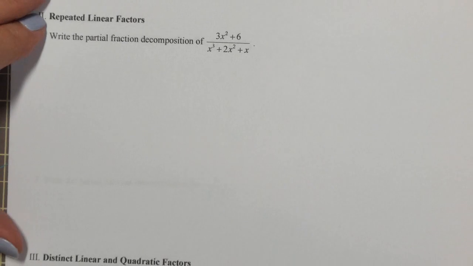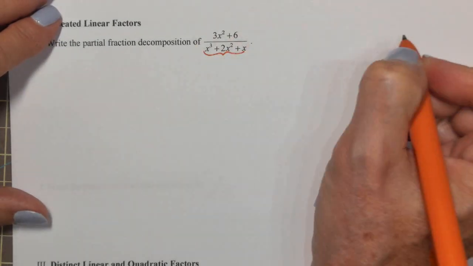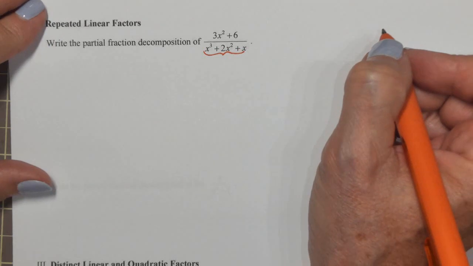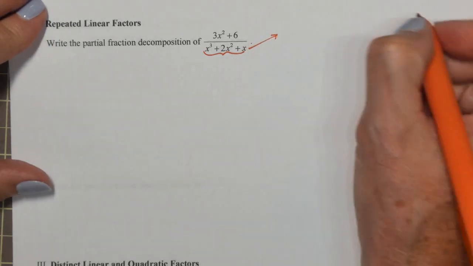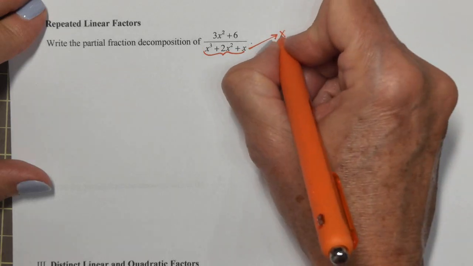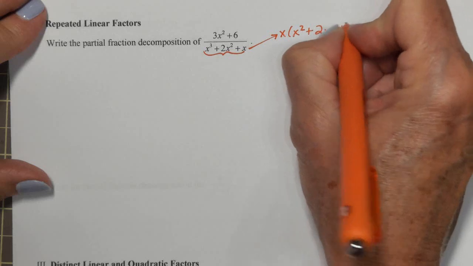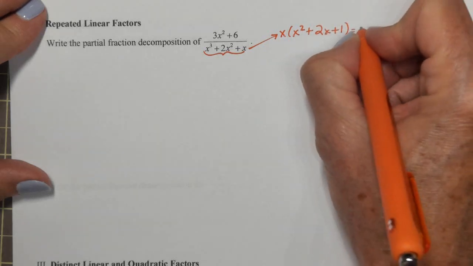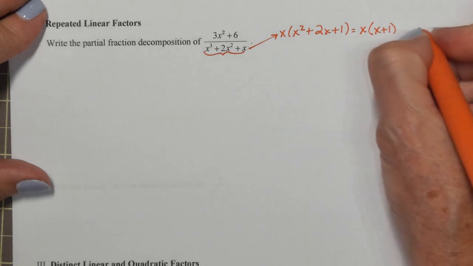Okay. Repeated linear factors. So in this one, how would that factor? I'm going to do it up here just to save some room. I'm going to take out an x to begin with. And then that factors into x times x plus 1 times x plus 1.